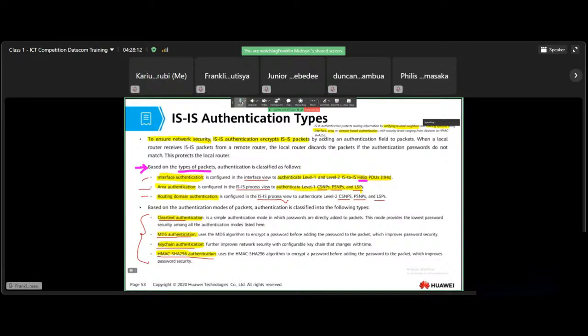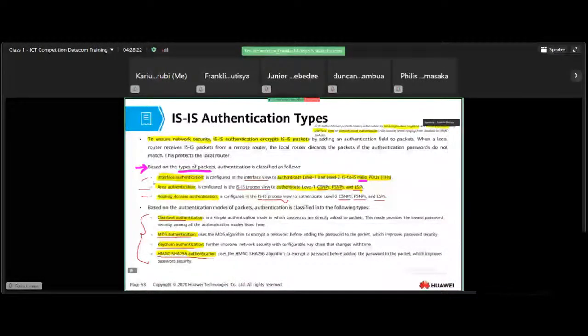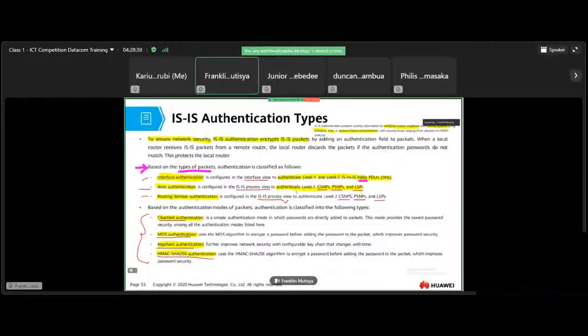Okay, all right. So let's continue. So we were looking at ISIS authentication types, and we have seen that we have these three authentication modes: interface, area, and routing domain authentication, and where they are applied.